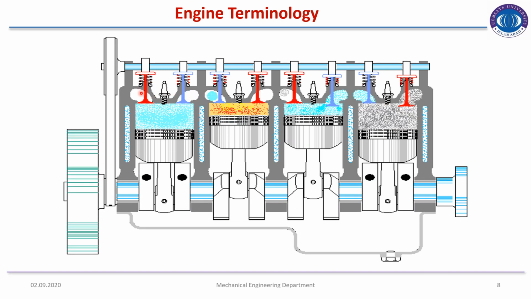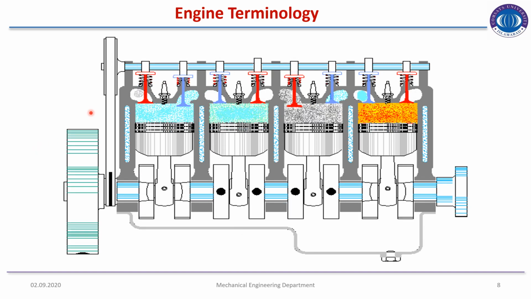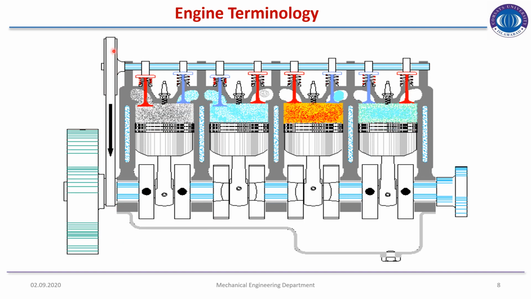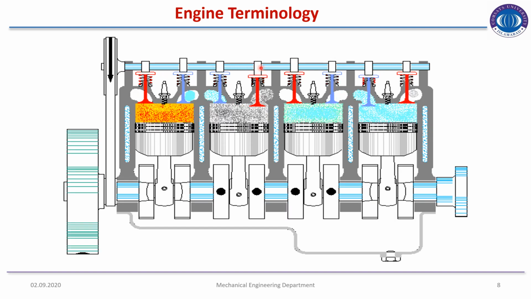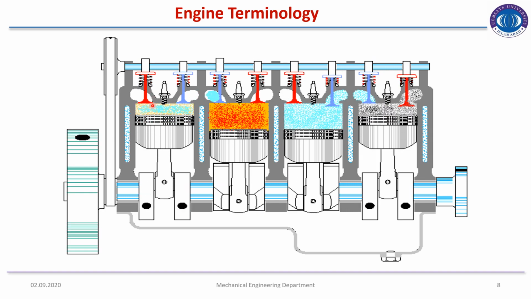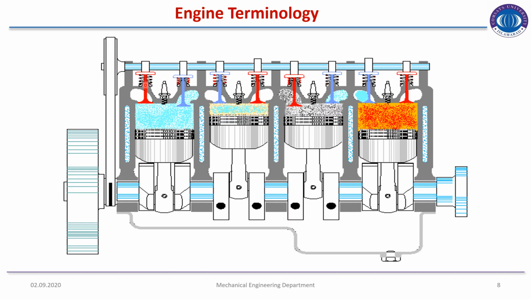So these are connected to the camshaft. Look here, this is the timing belt. The crankshaft and camshaft are connected with the help of the timing belt, and with these camshafts, the opening and closing of each piston cylinder is timely controlled.